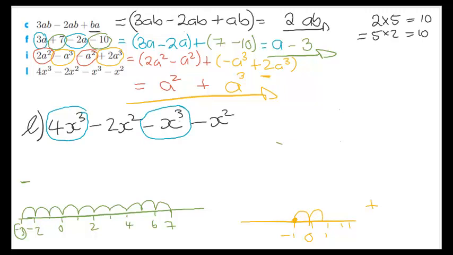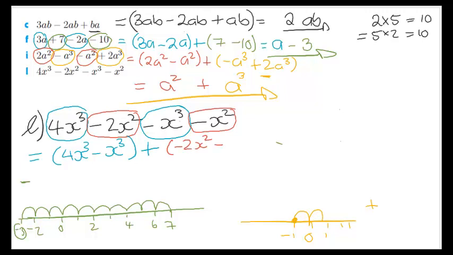And let's look at our x squared: minus 2x squared and minus 1x squared. Next up, I've identified them, so the next step is going to be to group them together. This is going to be equal to 4x cubed minus x cubed plus minus 2x squared minus x squared.